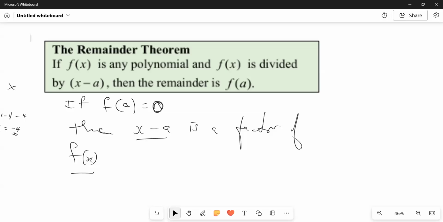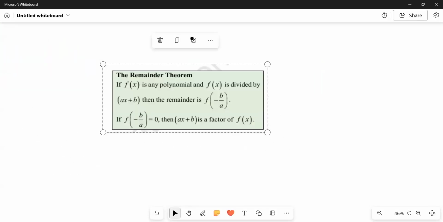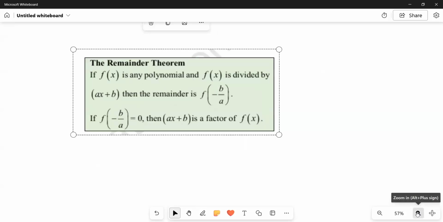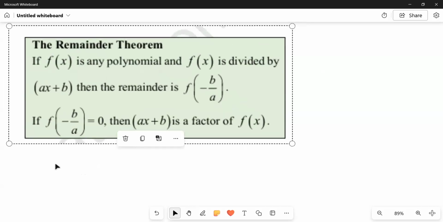So this is how it's stated more generally.